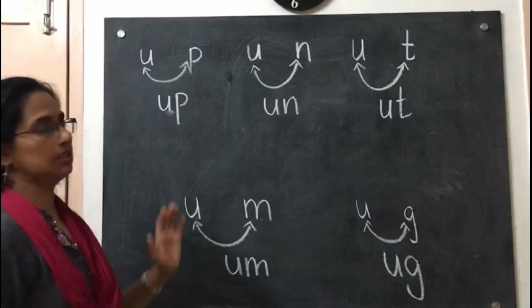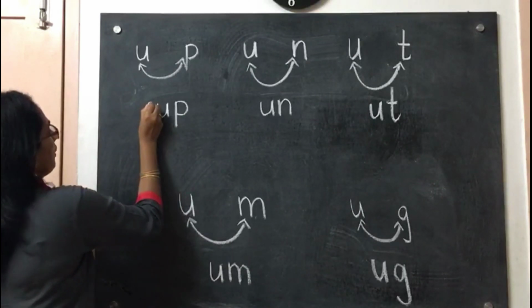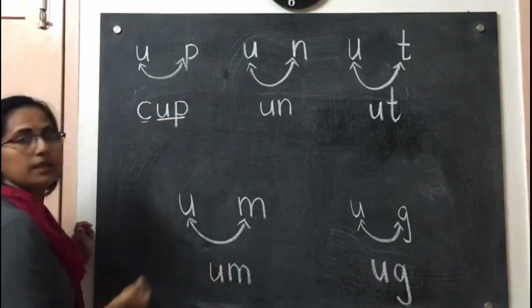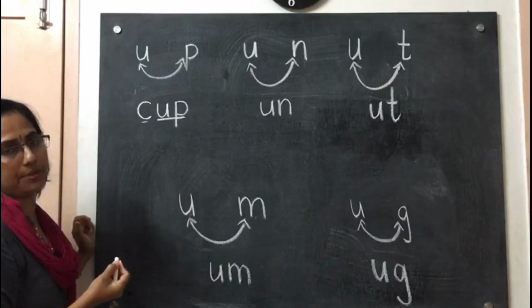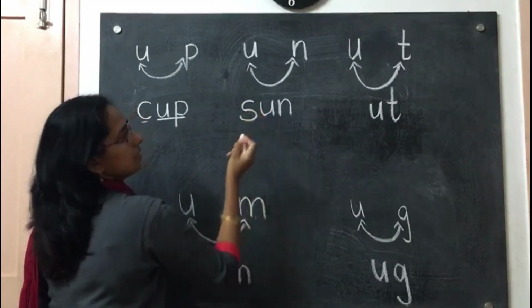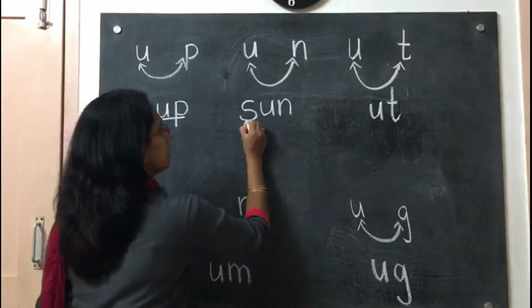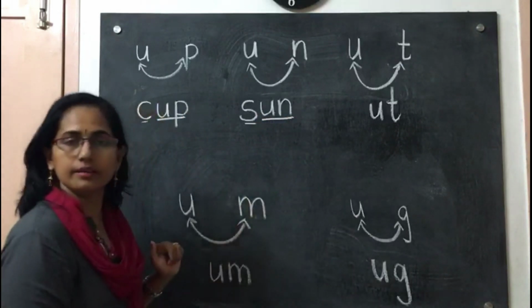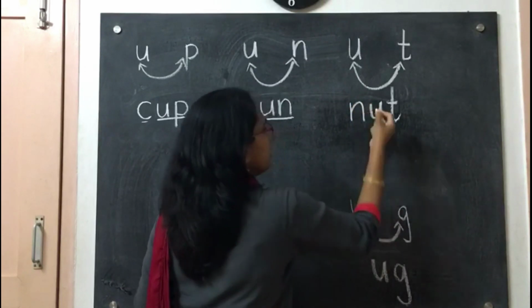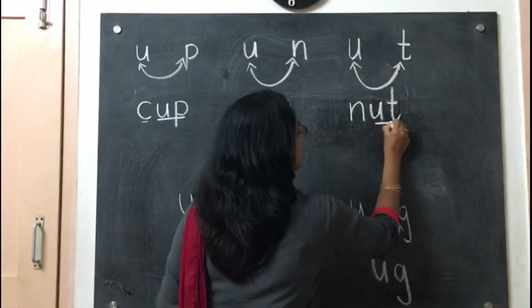Here, up. I am going to join K, up, cup. Here, S. The sound of S is S, sun. Here again, N. Let me join letter N, ut, nut.